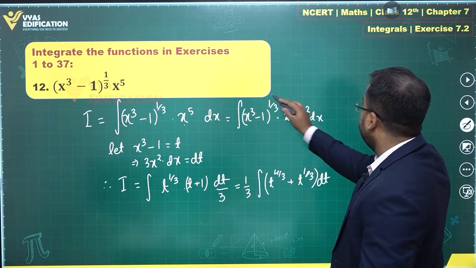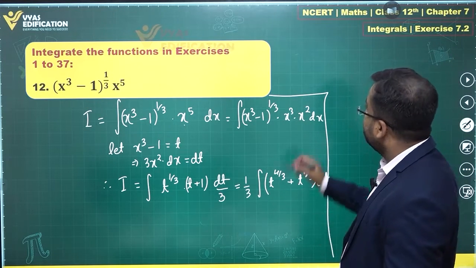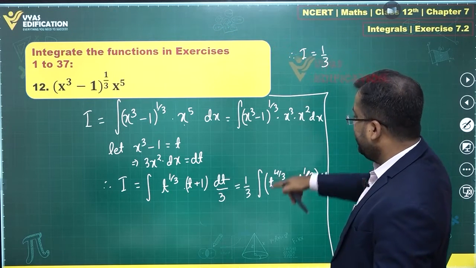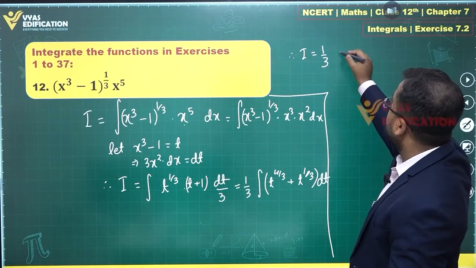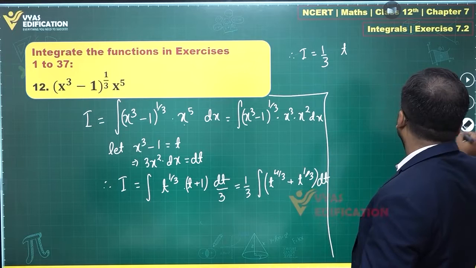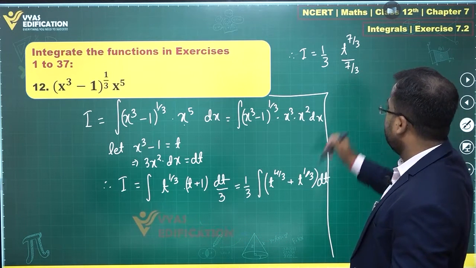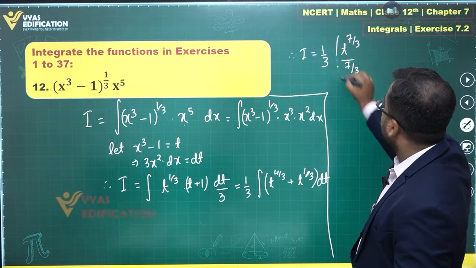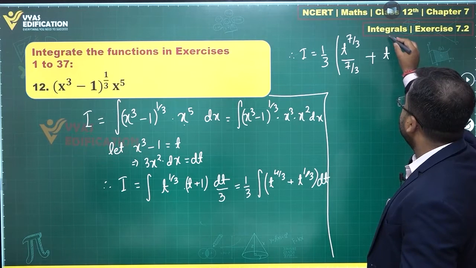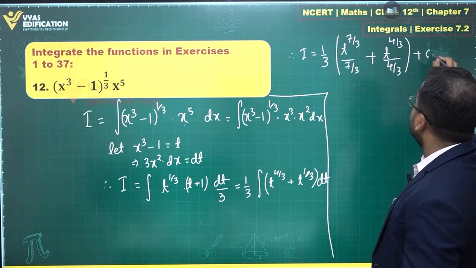dt is what I have observed over here. This is what I have. Now I can integrate this. Therefore, I will be equal to 1 by 3 outside. The integral of t power 4 by 3, what will that be? That will be t power 7 by 3 upon 7 by 3, in the bracket, plus t power 1 by 3, whose integral will be t power 1 by 3 plus 1, which is 4 by 3, upon 4 by 3, plus the constant of integration.